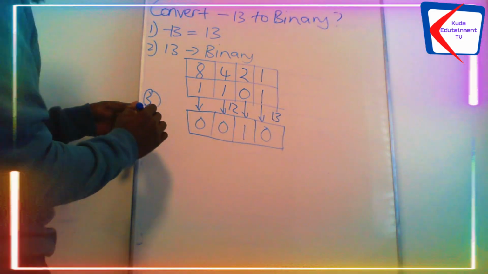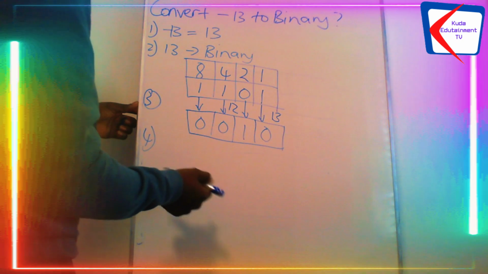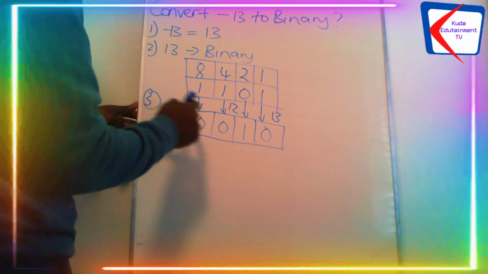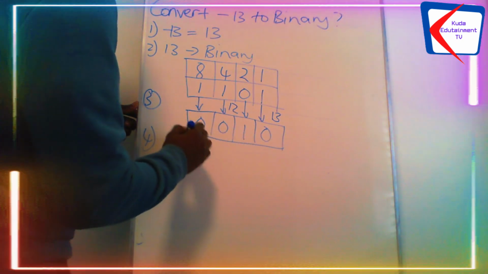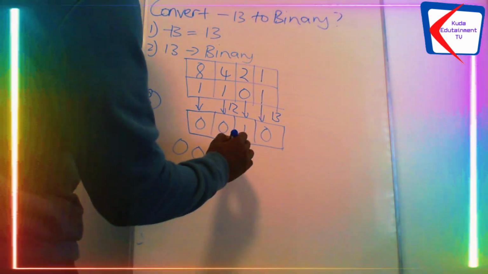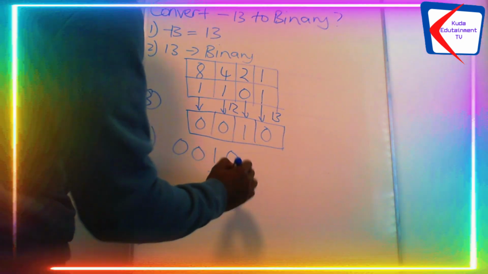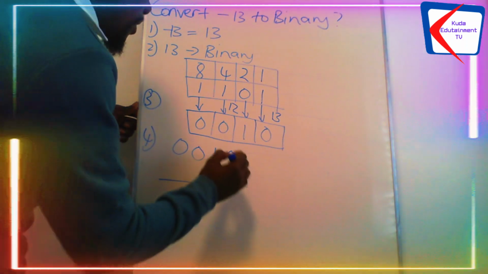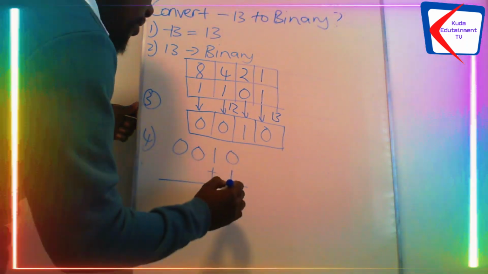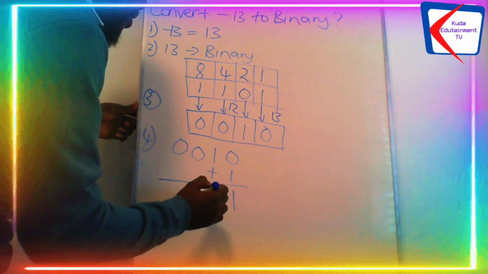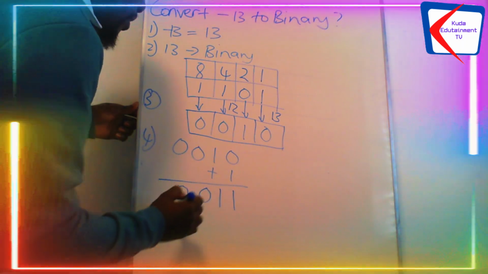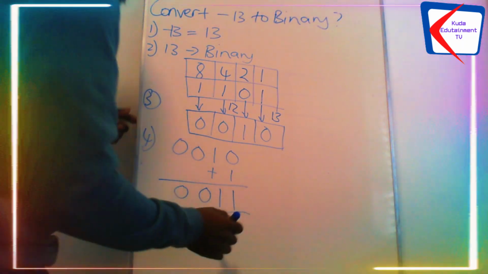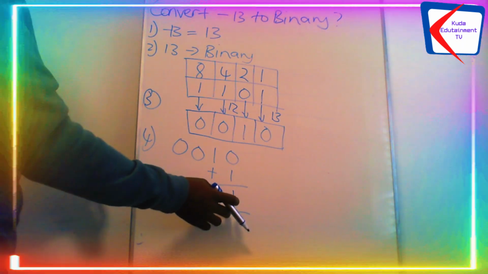And then stage number 4, or rule number 4, we simply add binary 1 to the result of stage 3. So our binary number is 0, 0, 1, 0. We add a 1. 0 plus 1 is 1, 1 plus 0 is 1, 0 plus 0 is 0, 0 plus 0 is 0. So this is negative 13 to binary.